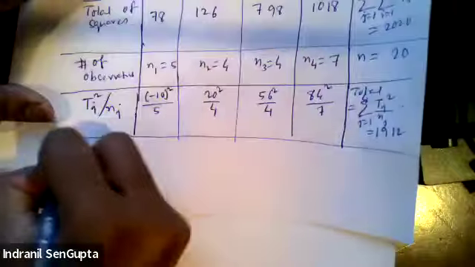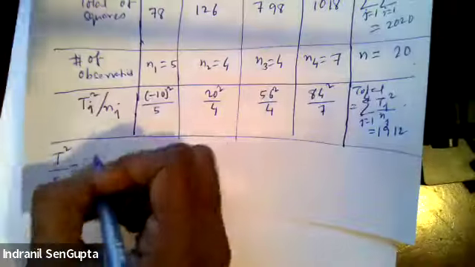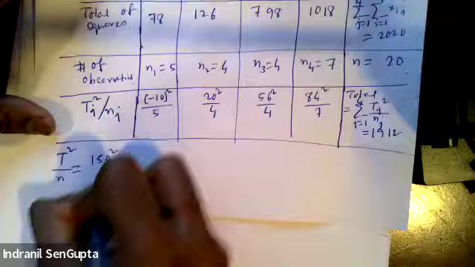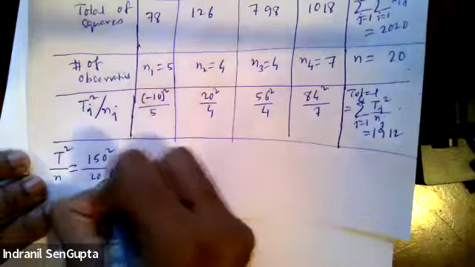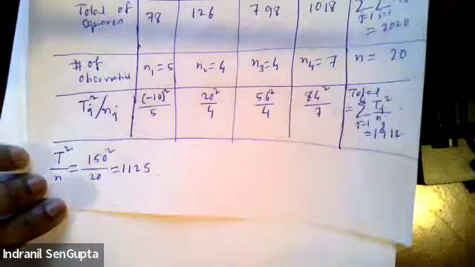Okay. Now let's first compute the quantity that we'll always need, T squared over N. So T squared over N is 150 squared over 20, which is 1125.